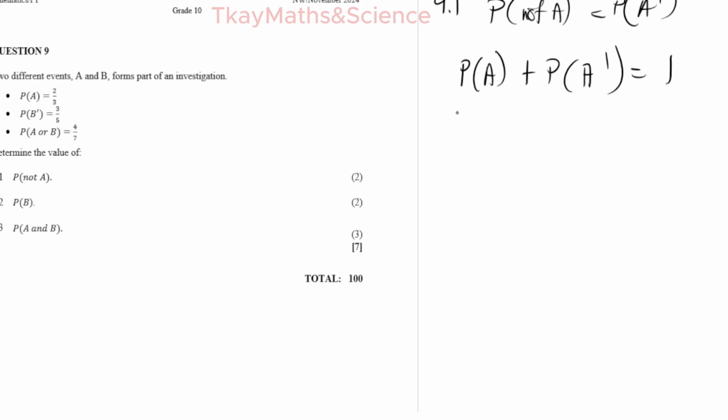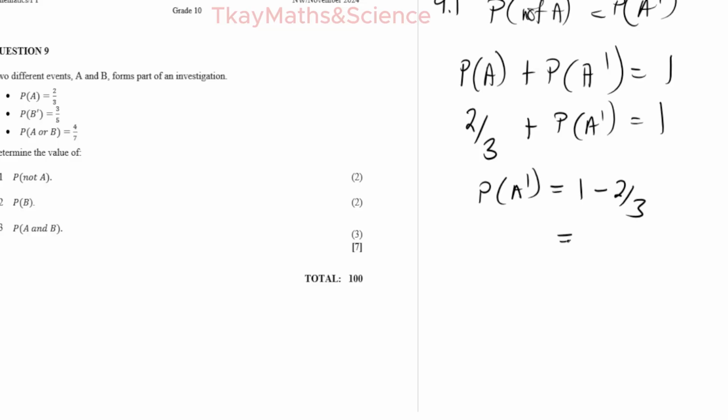So now we've been given the probability of getting A, which is 2/3, plus the probability of A complementary is equal to 1. Making this the subject of the formula, A complementary is equal to 1 minus 2/3, which is a third.